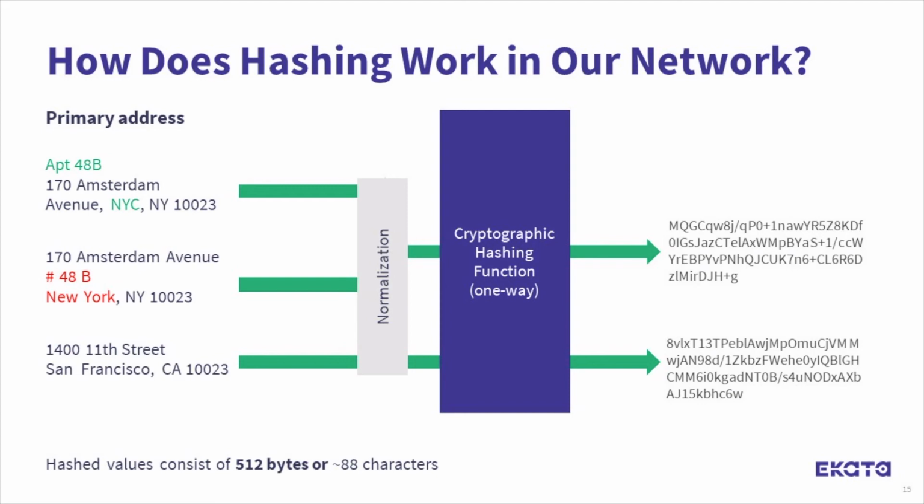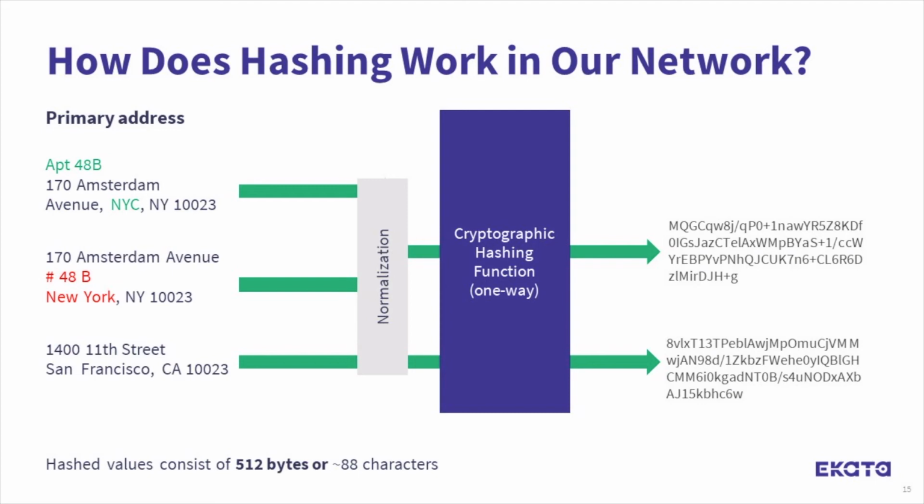If you do not normalize it, as you see in the first two examples here on the address, the same address can be written in many different ways, right? And if you do not normalize it, the hashing function will yield two different entries for that, and we cannot accurately see the activity patterns. So normalization is a very important function for us, and it helps us keep our network secure for our customers.